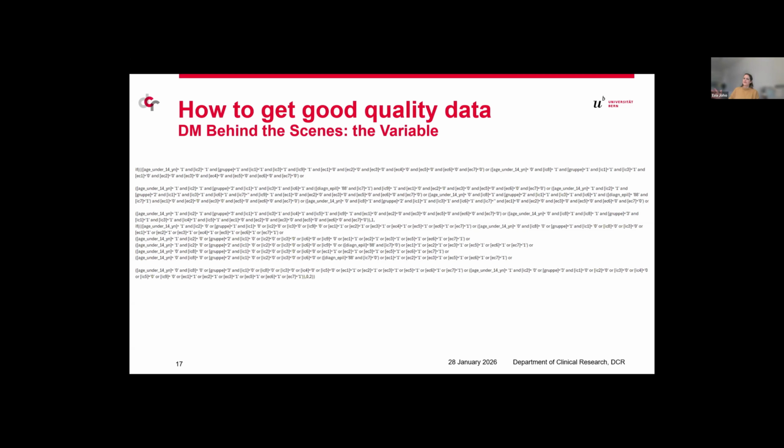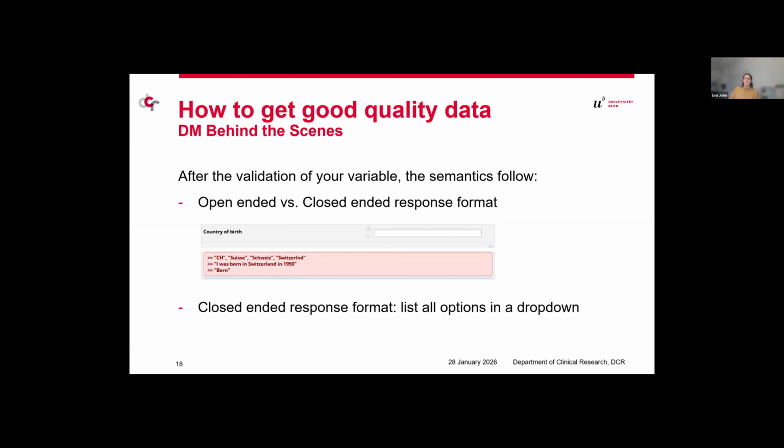Now we looked at the back end of the variable. Now it's also important to have a look at the semantics and the layout of variables. So if you look at this question here, the country of birth, here it's validated as a text field, so a free text field, so people could enter whatever they want. And this will lead to lots of trouble when you try to analyze this data.